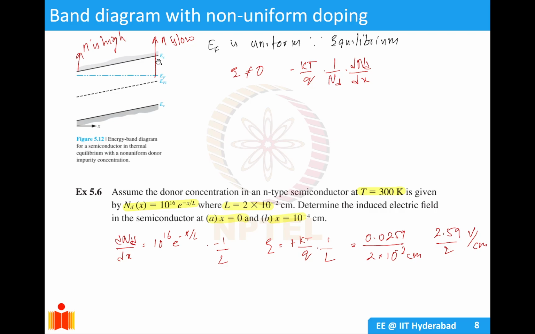Here your electron concentration is low, so the Fermi level is farther from EC. You can see you have a uniform Fermi level, which is how it should look in an equilibrium condition. So in equilibrium, your Fermi level will be constant. It is only in the non-equilibrium case that you will have a varying Fermi level.